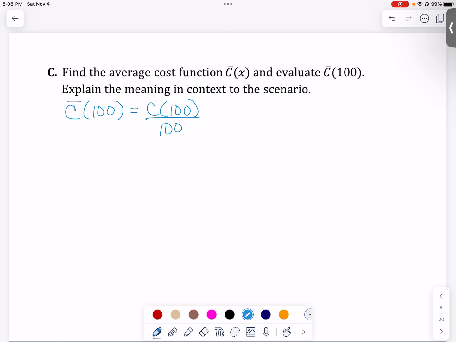I can find C of 100, and then I'm going to divide it all by 100. I'm going to end up getting $66 per headphone. Meaning is when 100 headphones are produced, the average cost is $66 per set.